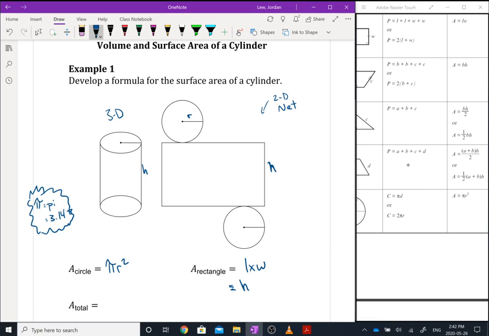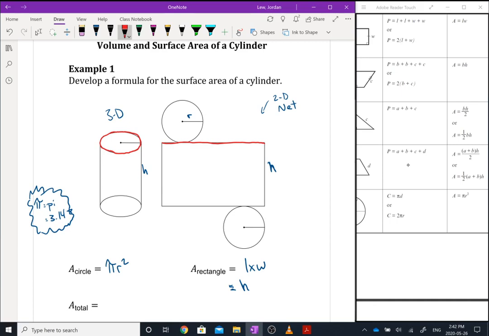But what we should see, and this is easier to see on the three-dimensional object, and I'll highlight it in red, if I were to draw a circle around that, and if I were to cut or unfold this however I want, basically everything that I circled in red is going to be this measurement here, because this rectangle has to wrap all the way around and cover each part of the circle.